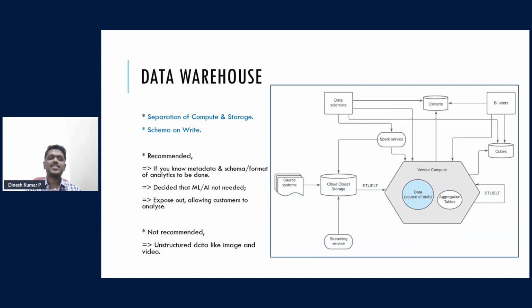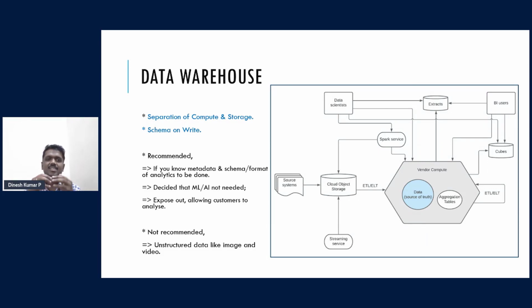After database, now let's see the data warehouse. I hope you remember the first point I told in database, co-location of compute and storage. That is nothing but the database. When it comes to data warehouse, it's the separation of compute and storage. The problem statement of database which I spoke about in terms of compute has been addressed in data warehouse, right?